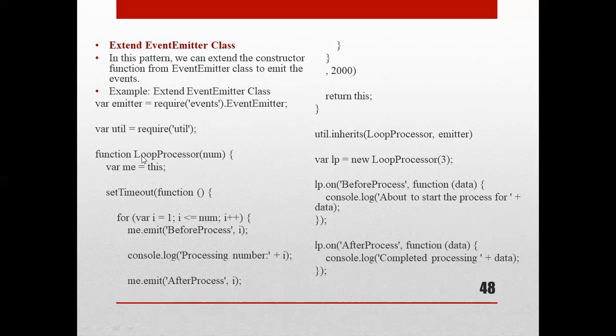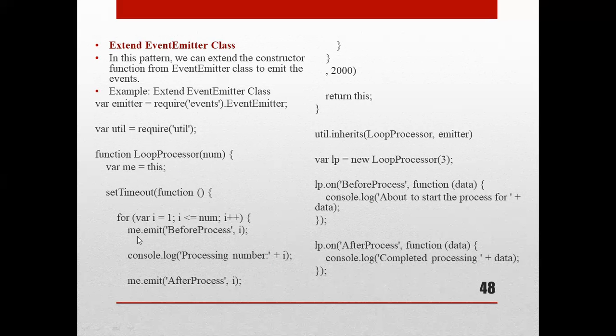Then we are going to write a function, function loopProcessor, with the parameter number. Then var me equals this, the object of this. Then we are going to use the setTimeout method and write a function consisting of a for loop. Now me.emit, this is the object of this function, we are going to initialize the event emitter here.